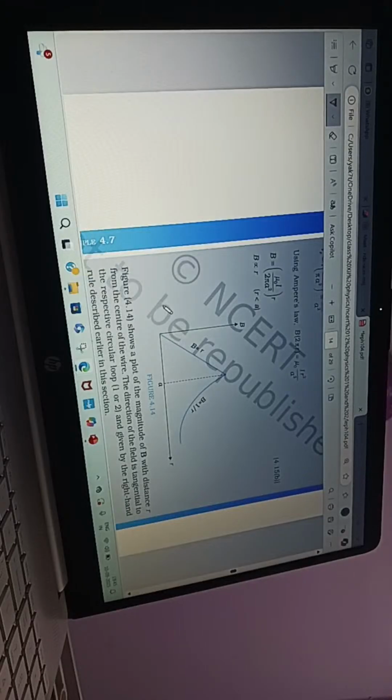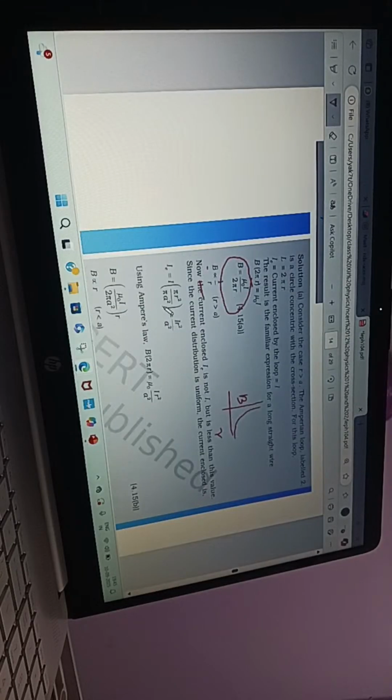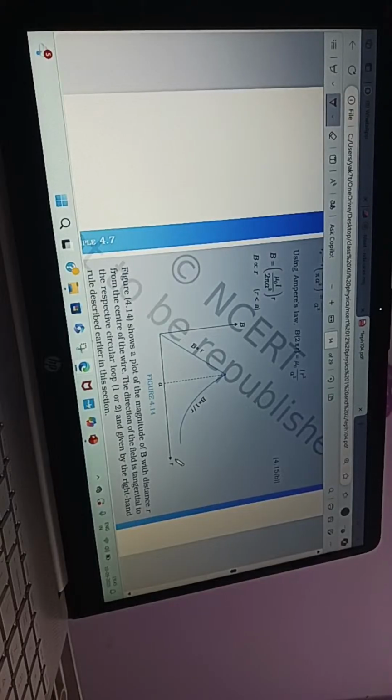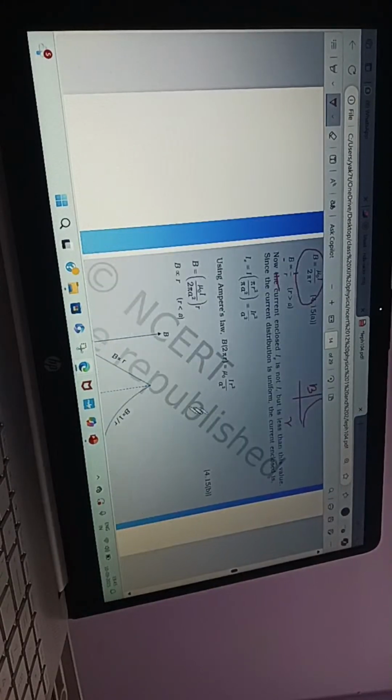Next one. Oh, sorry, here something went wrong. First case, okay, correct only. In the first case, B is proportional to... We have done the second case. This is the right answer. Outside it is decreasing, inside it is increasing. For r less than a, B is directly proportional to r.